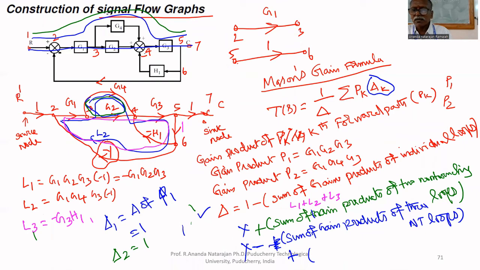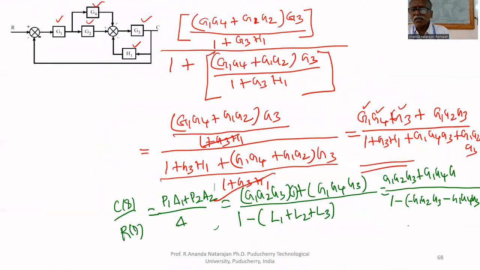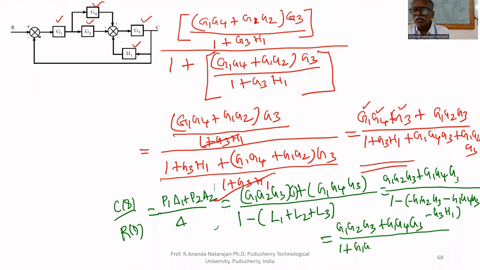Minus G3 H1. Therefore, the transfer function is G1 G2 G3 plus G1 G4 G3 upon, because all terms are negative, 1 plus G1 G2 G3 plus G1 G4 G3 plus G3 H1.